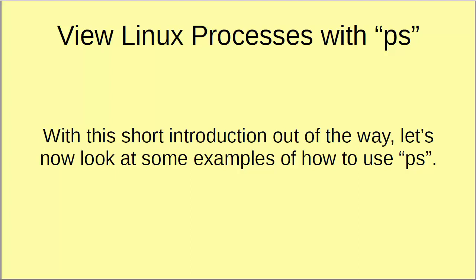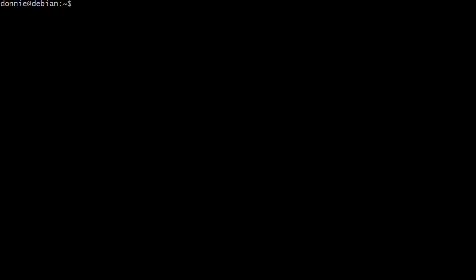Okay, so here I am logged into my Debian virtual machine, and we can do a ps like this, and you can see why I say that it's totally useless without option switches, because the default behavior of ps without any options is just to show you what you are doing in your current bash shell terminal.